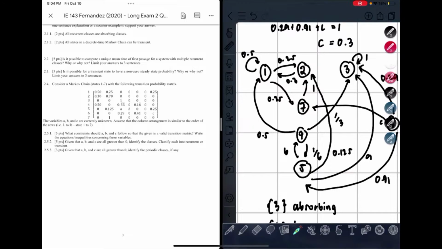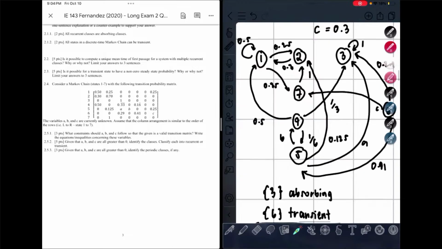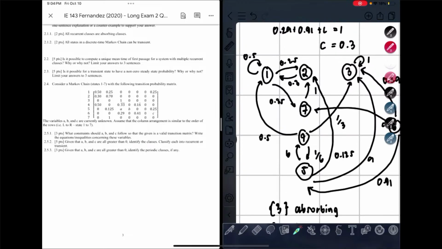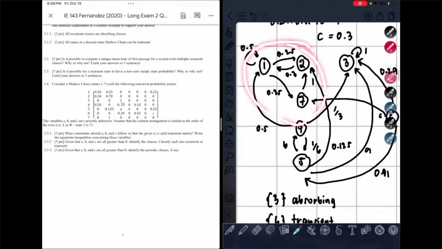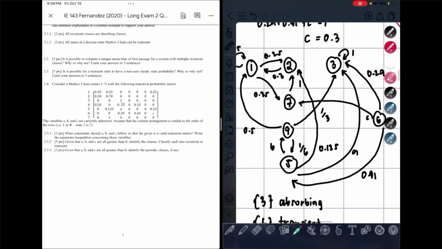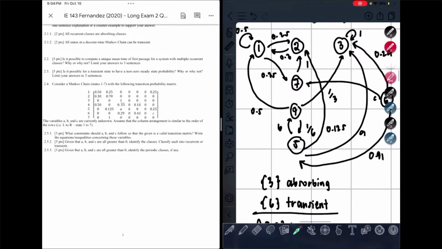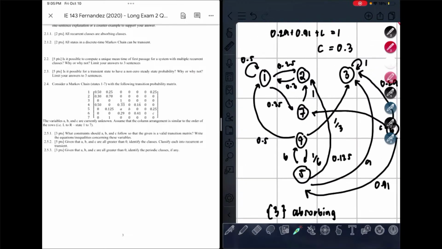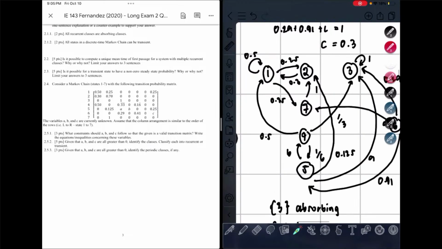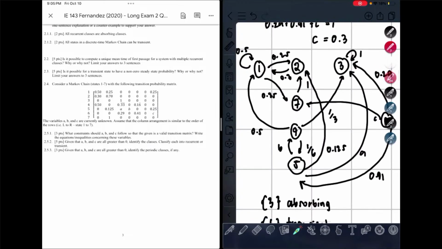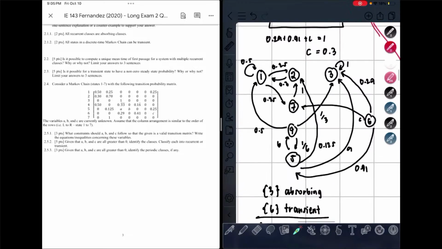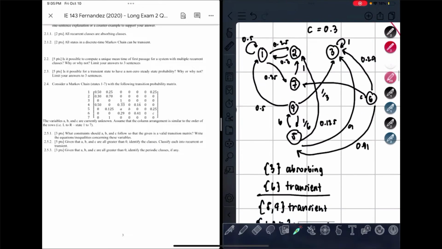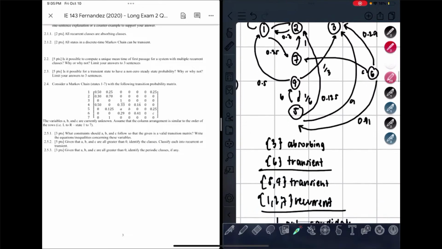So then I found out na there were no other states that connected, na-exhaust ko lahat going through that. So then that gave me the suspicion that this is probably one class. So then I tried with 3. Found out that 3 only loops back to itself. So nalaman ko na it's absorbing, etc. And then you just repeat the whole process. So yeah, there's really no one way to do it kasi it's really based on just carefully looking at which states are communicating with each other. So yeah. I hope that's still somewhat helpful though.